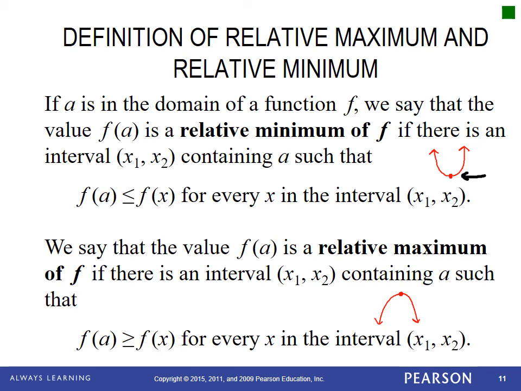It is sort of the bottom. Relative minimum is the very bottom of a turn. And so we say that f of a is a relative minimum if you have a certain open interval in which any other f of x, given any x value, is always going to be higher than that one for a certain time.